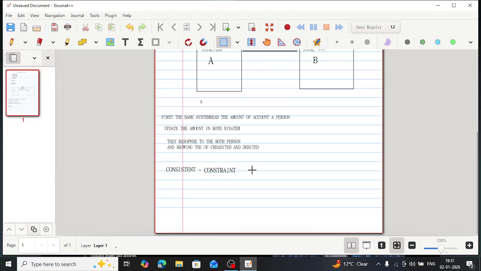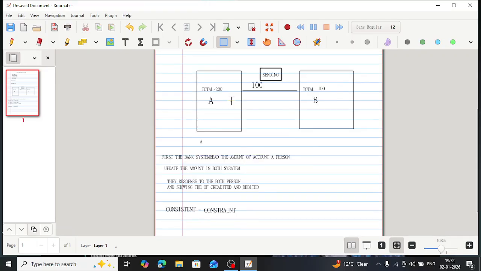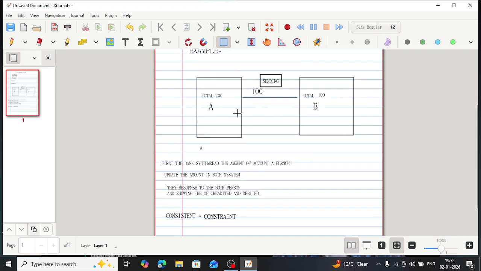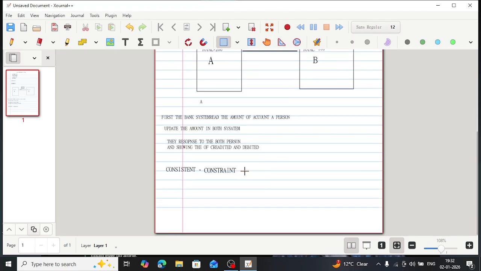What is a constraint? Here we understand by this example.